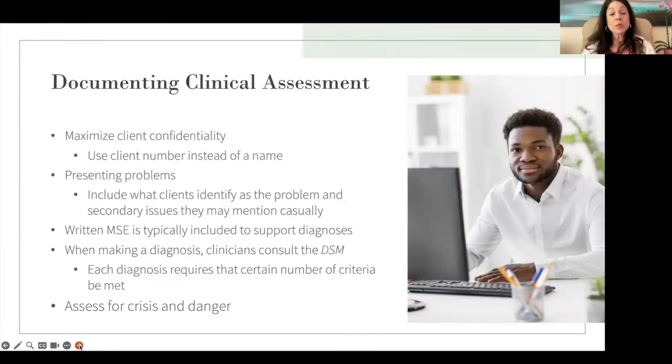A clinical assessment will typically also have a diagnosis, an ICD or DSM diagnosis, and an assessment for crisis and danger: suicide, child abuse, homicide, elder abuse, those sorts of things.